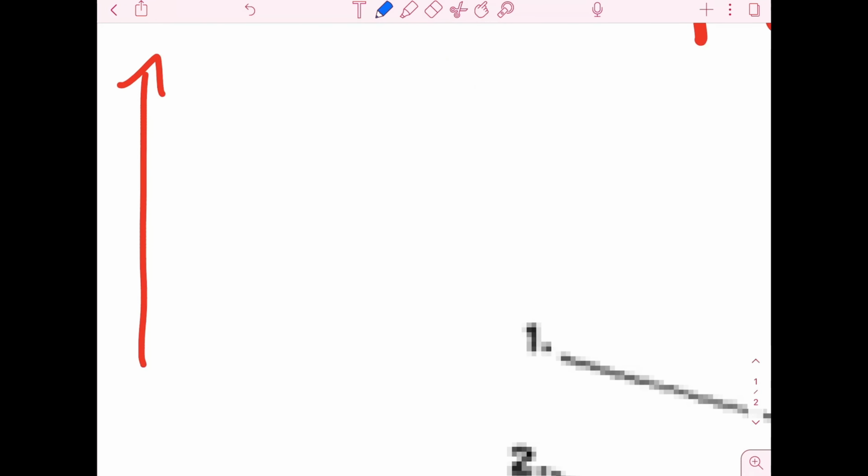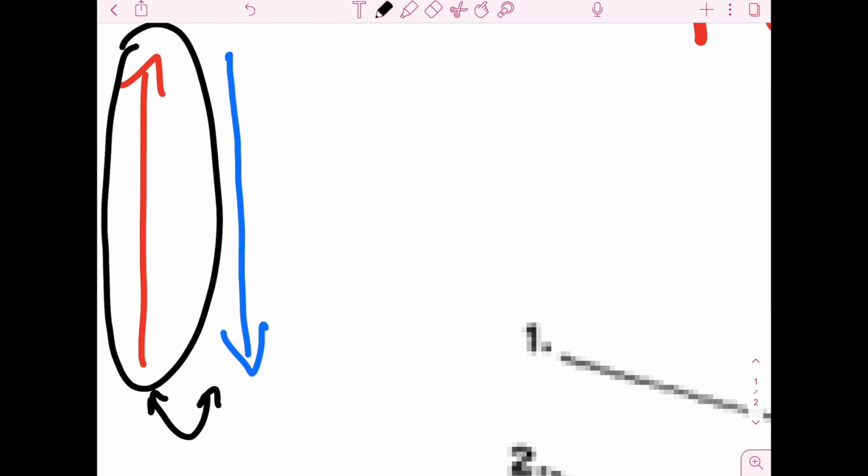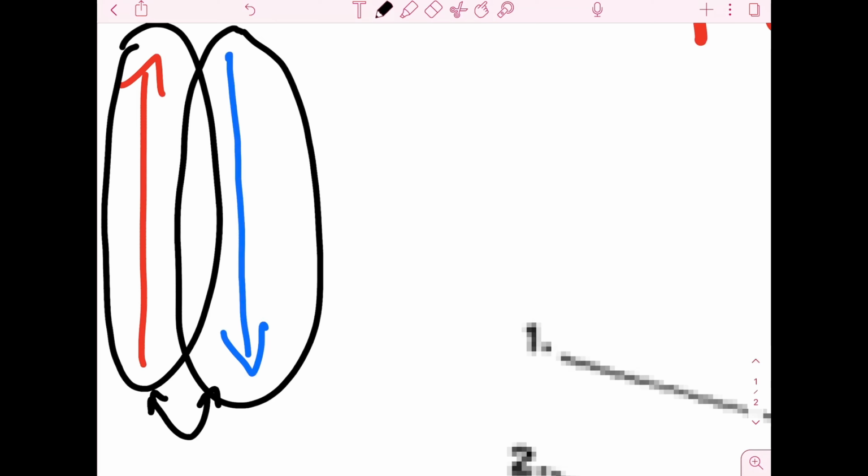But on the other hand, we have deoxygenated blood, which we will be denoting with a blue arrow, implying that this blood has almost depleted oxygen content, so zero to none in this type of blood. Essentially, these two blood types are the same because after the oxygenated blood is delivered to the legs, the muscles, and the arms, it is depleted of its oxygen, which makes it deoxygenated blood.